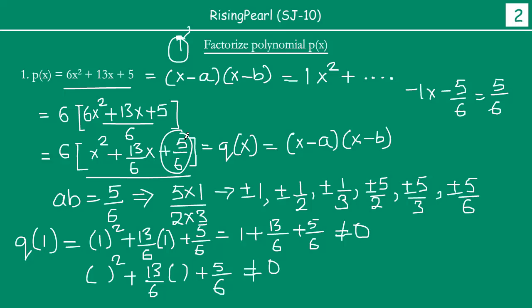उसके बाद हमने देखा दोस्तों how you have a little bit more difficult a times b. The a times b अगर आप if you have 5 by 6 and the more there are factors of this दोस्तों, the more you have to do the trial and error, right? So in this case we ended up having 12 values. So we had to find out for each of the 12 values what it was.